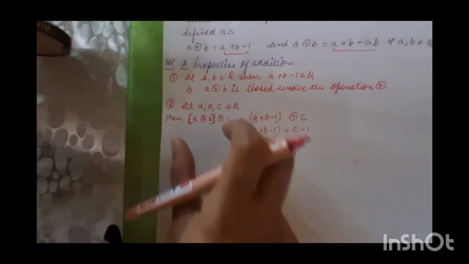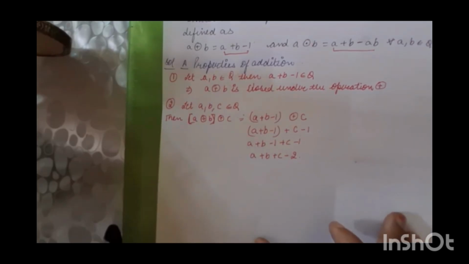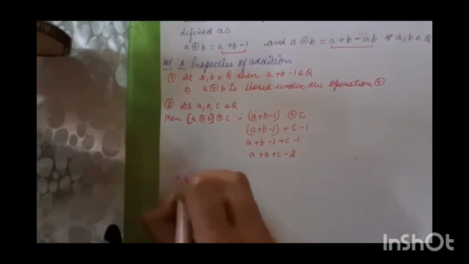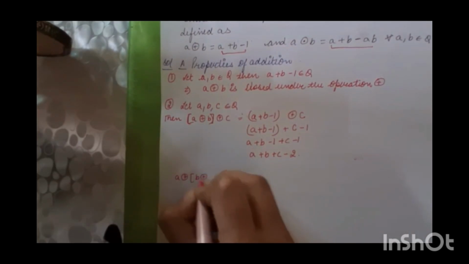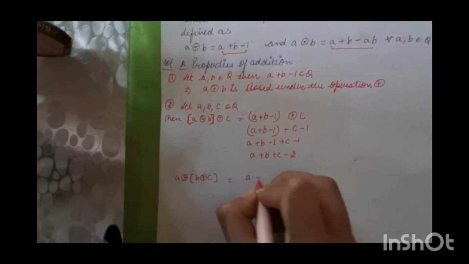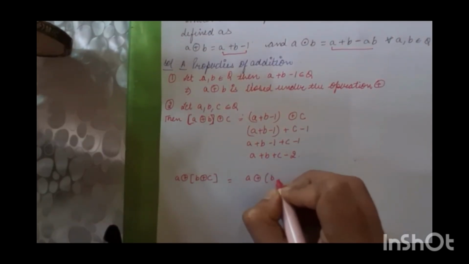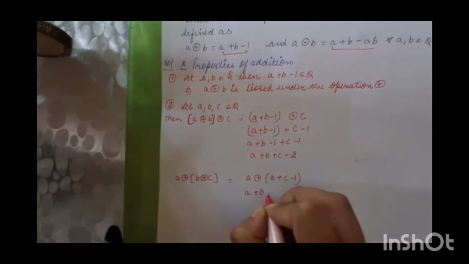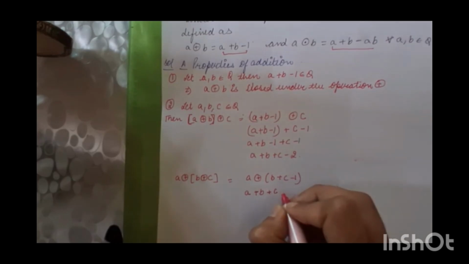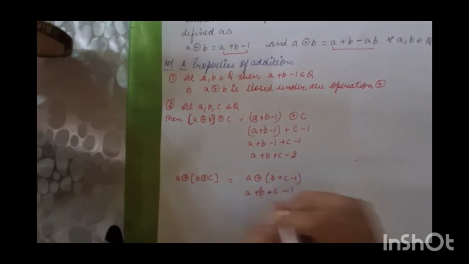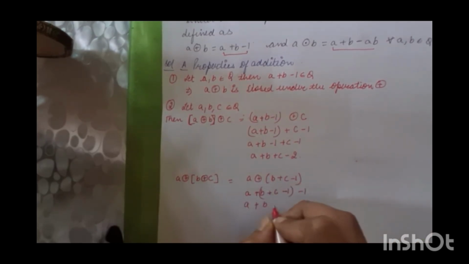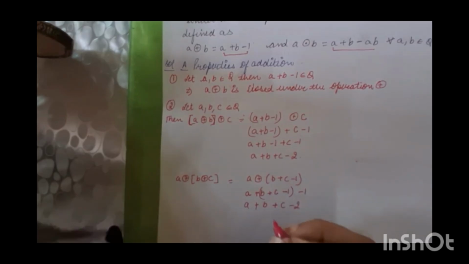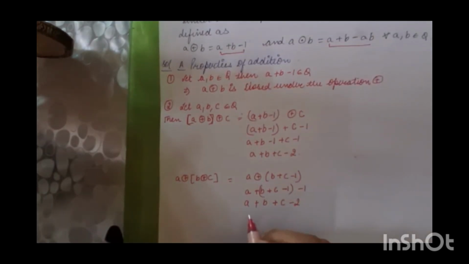So second, we have shown this property. Now can we show it like this: A ⊕ (B ⊕ C)? So what will it give? It will give B + C − 1, and with this it will give A + B + C − 1 − 1. So opening the brackets, we get A + B + C − 2.